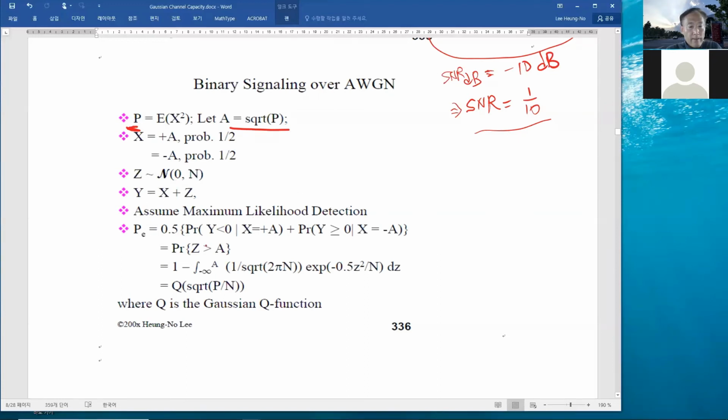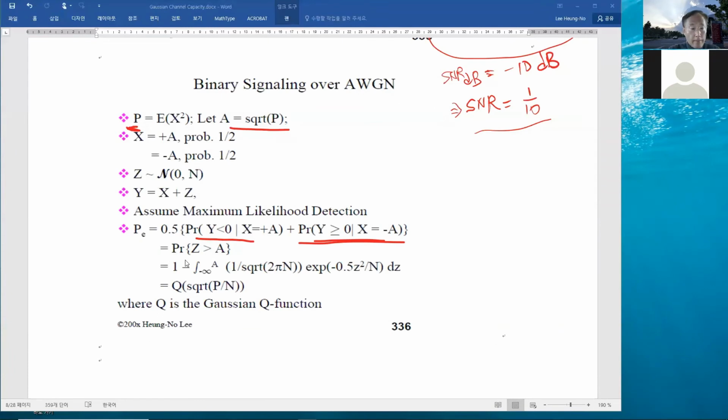Bit error is half times the probability of Y less than 0 given X is plus A, plus the probability that Y is greater than or equal to 0 given X is equal to minus A. But since each probability here is the same, we just need to consider one of them, and this one is a Gaussian distribution.